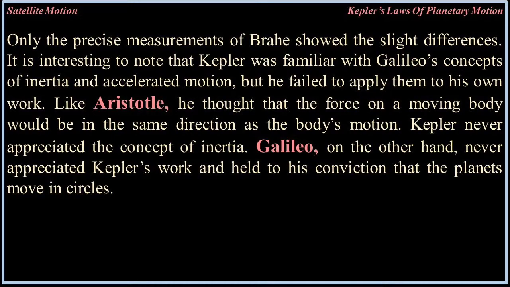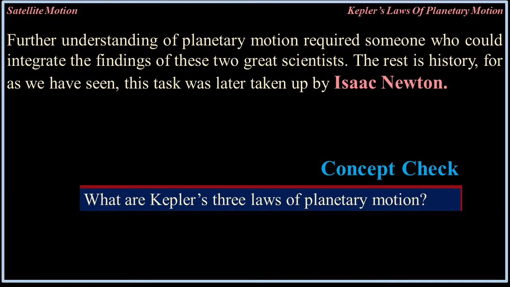Galileo, on the other hand, never appreciated Kepler's work and held to his conviction that the planets move in circles. Further understanding of planetary motion required someone who could integrate the findings of these two great scientists. The rest is history, for as we have seen, this task was later taken up by Isaac Newton. Concept check. What are Kepler's three laws of planetary motion?